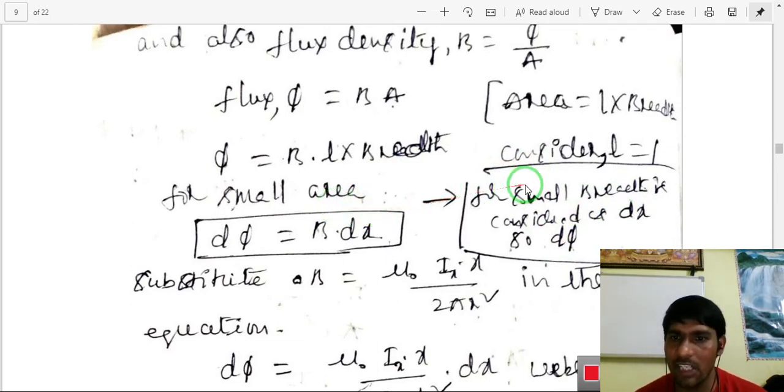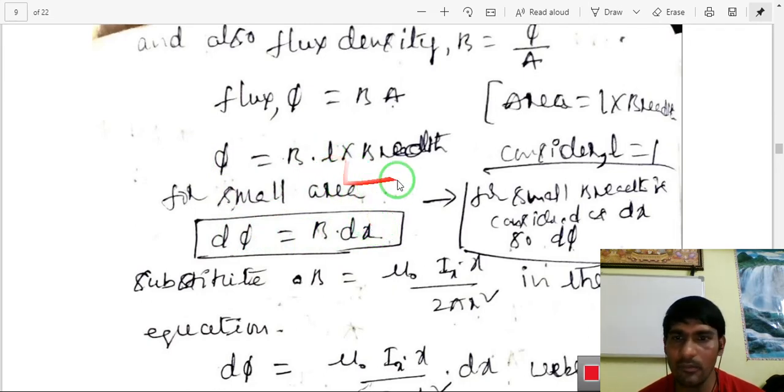So for the small breadth we consider dx, and for this we consider a small value dφ only. Total flux is φ, small area flux is dφ only. So this can be written as dφ equals B into dx for a small distance.